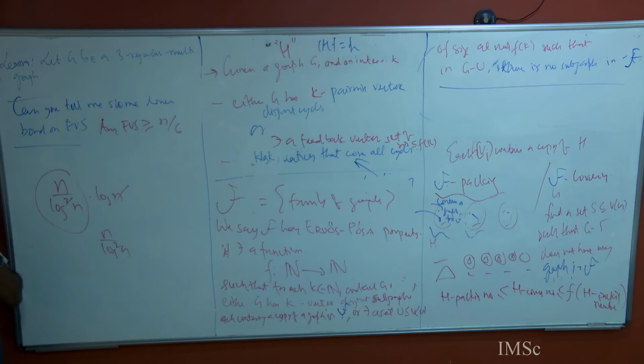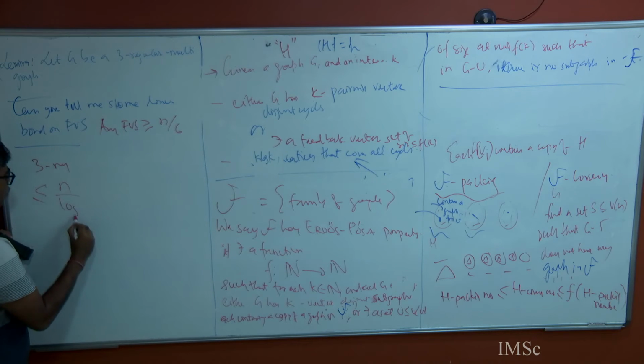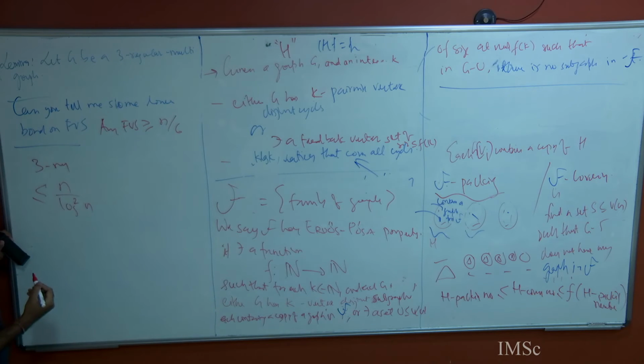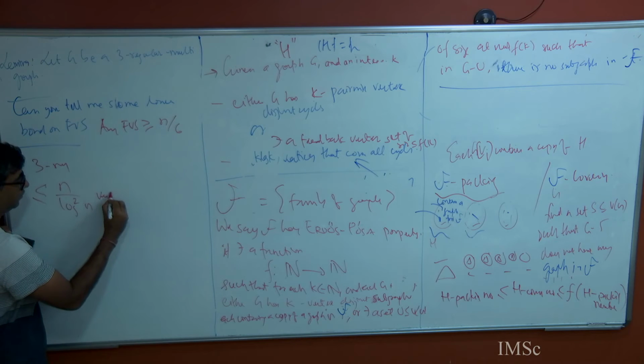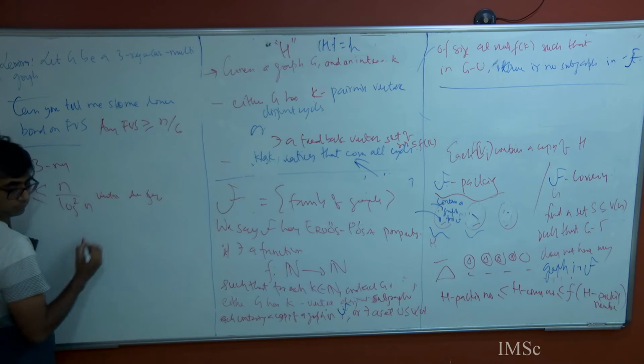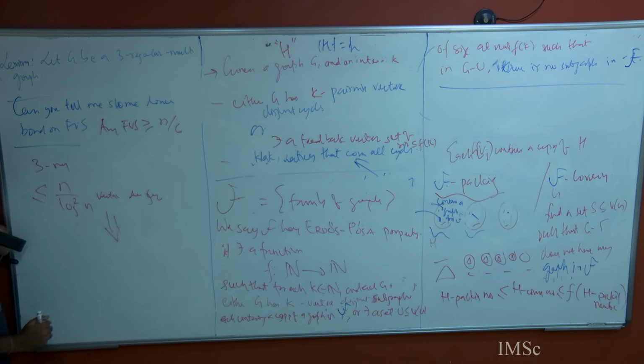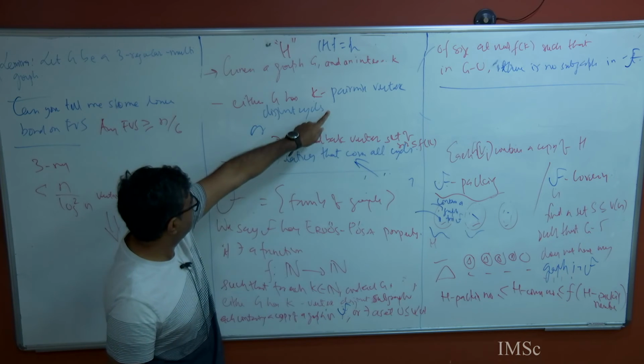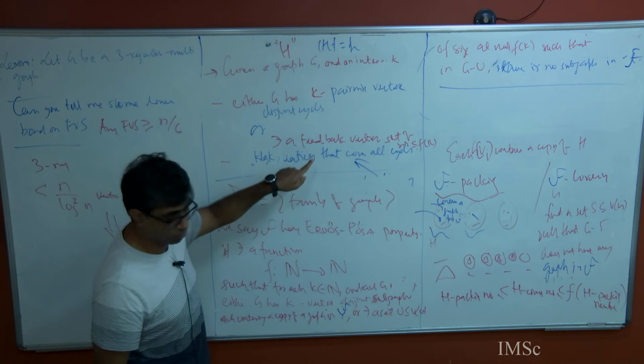You understand my point? Say I have a 3 regular graph and it has at most n divided by log square n vertex disjoint cycles. What will that imply if this statement is true? Suppose it has strictly less than n by log square n. If I put k equal to n divided by log square n, then this is wrong, so what is true?